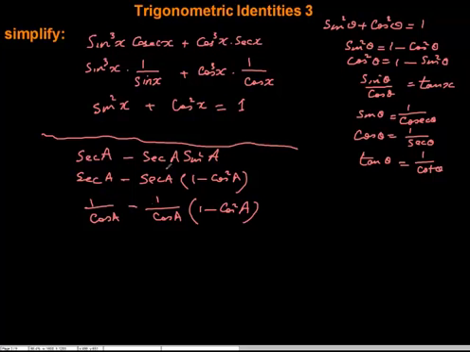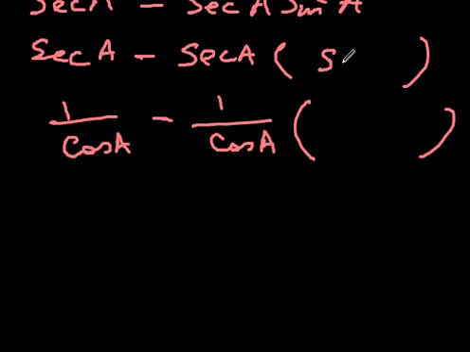Now if I look at this question, I don't think I should have done that. I probably would have been better off with the other way. If I go back to this one and leave sine squared here, sine squared a and sine squared a, I can see that 1 over cos a is common in this term as well as here.